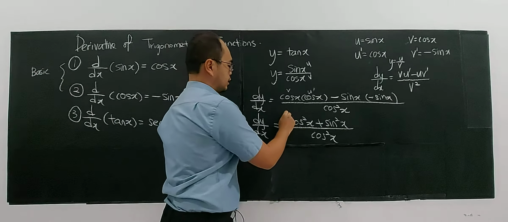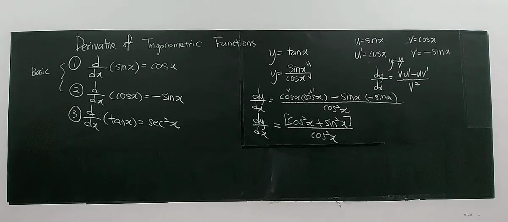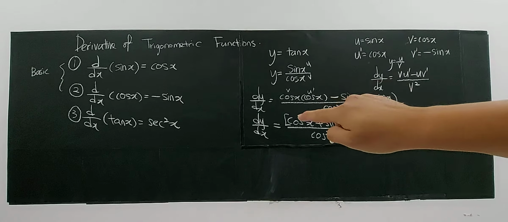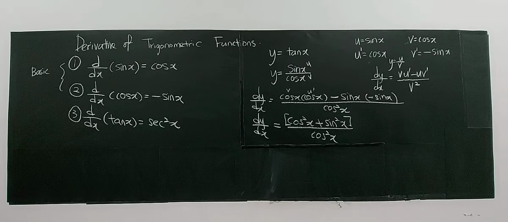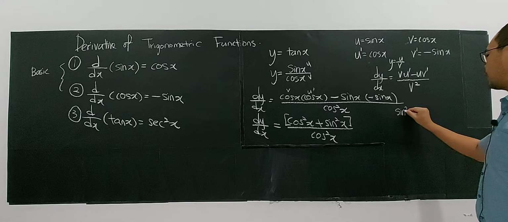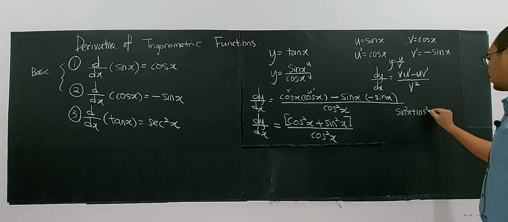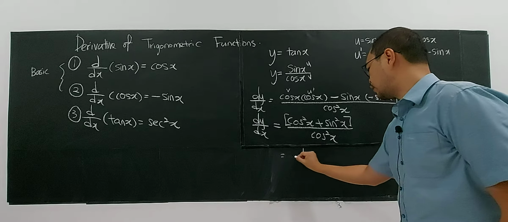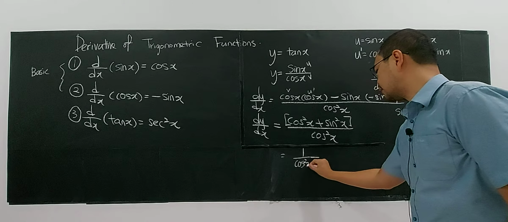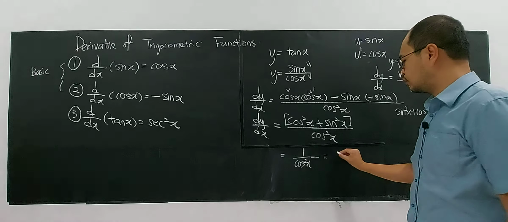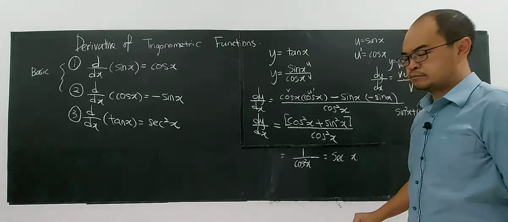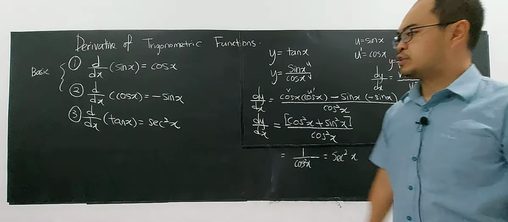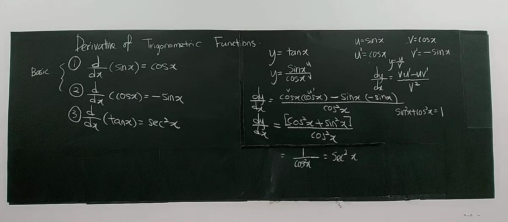If you observe carefully, you need knowledge of a trigonometric identity: sine square x plus cos square x is 1. So this whole thing you can rewrite as 1 over cos to the power of 2 x. 1 over cos is secant, so secant square x. That's why you have proven that the derivative of tangent is secant square x.